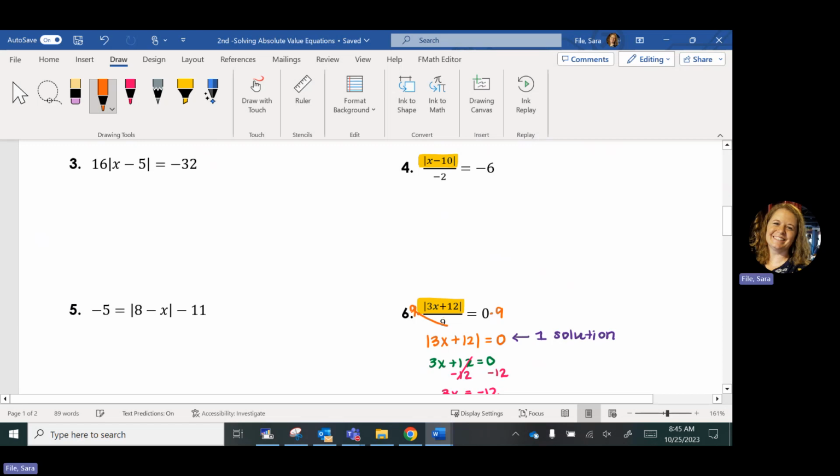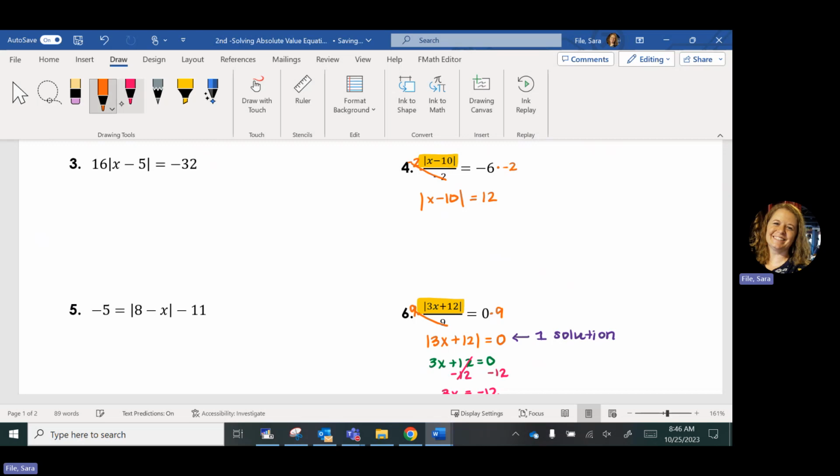We multiplied by 9. So here, to get rid of the divided by -2, we're going to multiply by -2. So I get the absolute value of x minus 10. What's a negative times a negative? Positive. So that is positive 12.